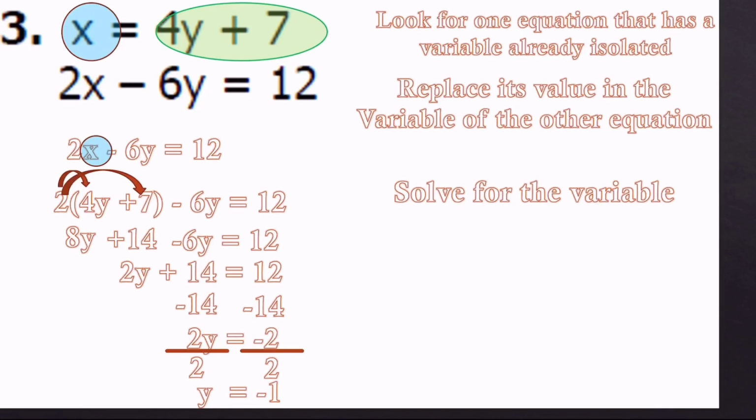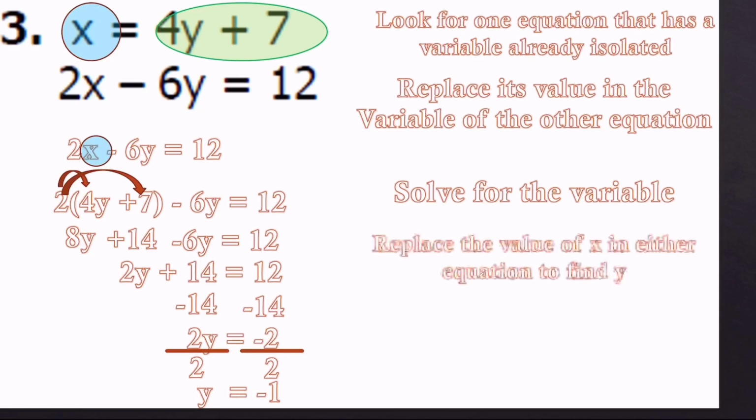So what I need to do is replace y into the other equation. So I'm going to replace y with negative 1, okay, and be sure, because this is my fault, this should say y here, this should say x, because this time we solved for x.